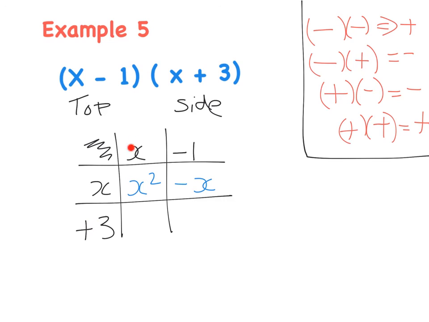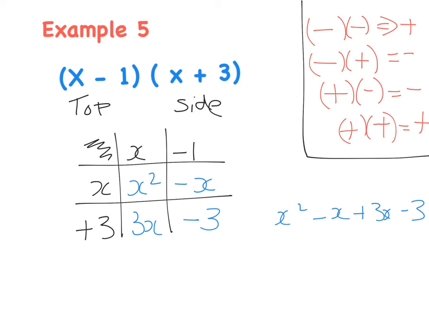Now I have plus 3 by plus x, which will give me just 3x. And then here I have plus 3 multiplied by minus 1, and a plus by a minus gives me a minus, and 3 ones are 3. So we bring our answer together, and it is x squared minus x plus 3x minus 3.